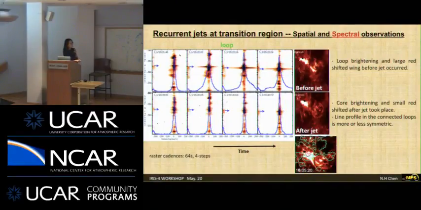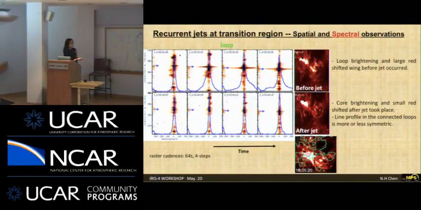So I basically take two parts, one of them before the jet and the other after the jet, and look at what the spectrum looks like. When the loop brightens before the jetting, as we expect, there has got to be something heating it. So the raster crosses from the footpoint of the loop toward the loop top.